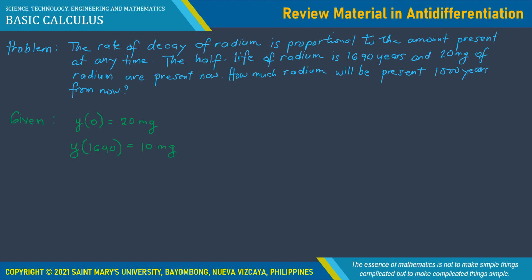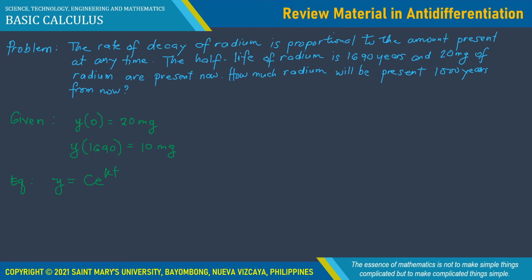So, alam naman natin na ang equation natin ginagamit dyan ay Y equals CE raised to KT. So, mag-solve na tayo. Okay. So, solvein muna natin yung K dyan. So, di ba, at time equals 0, the value of Y is 20 milligrams.